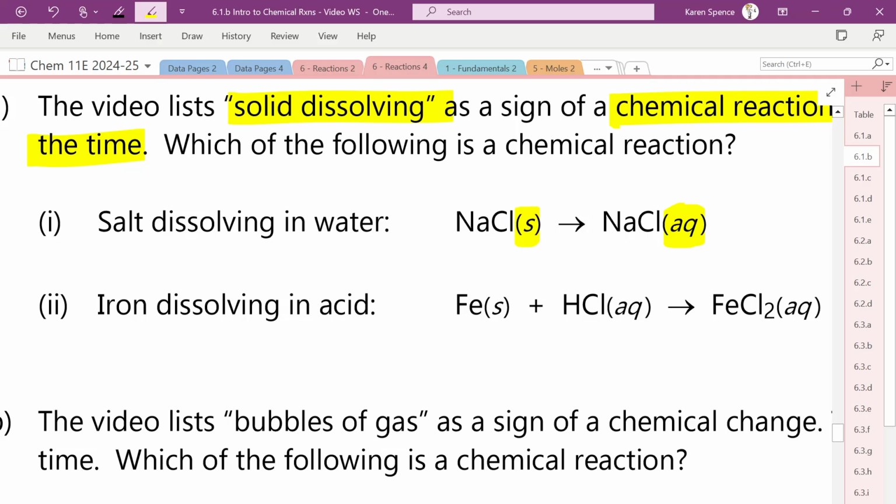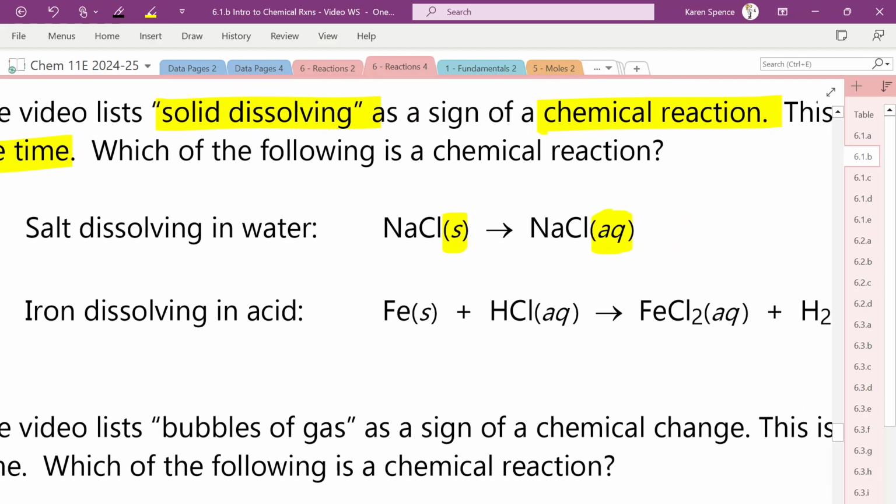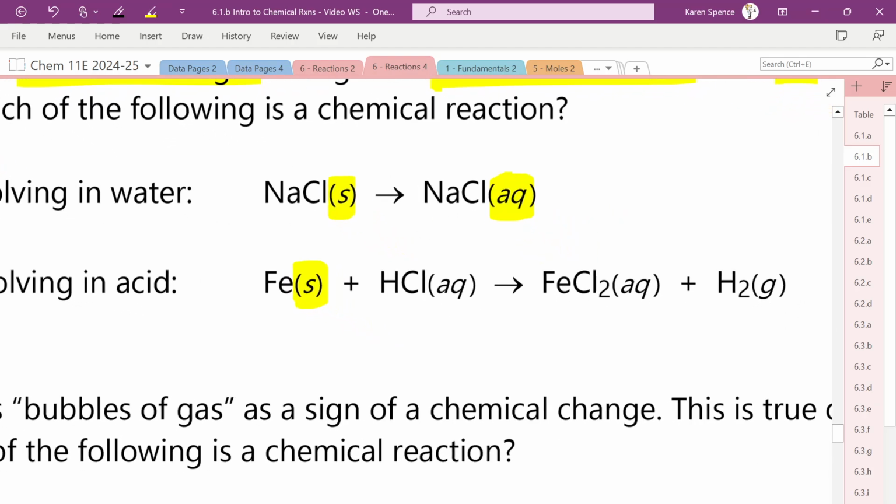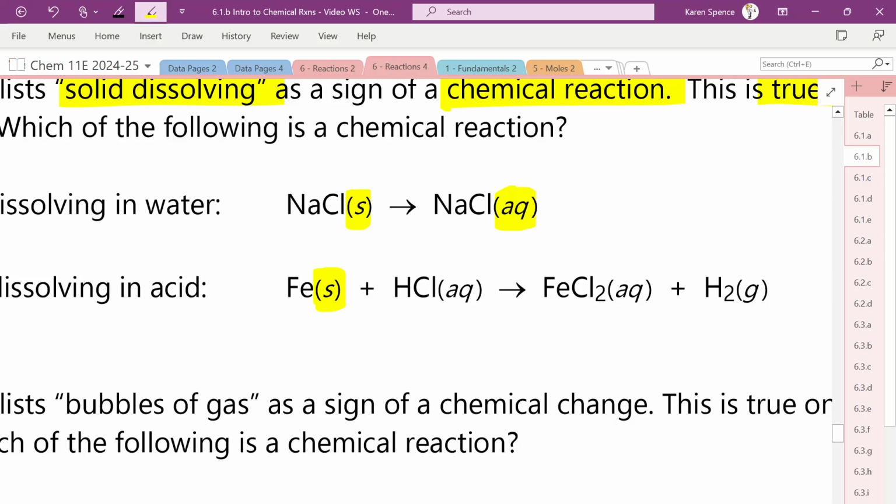We also have iron dissolving in acid. So we have iron solid. What does it become? Not just aqueous, but it becomes iron chloride aqueous. So it's no longer just iron, it's iron chloride.